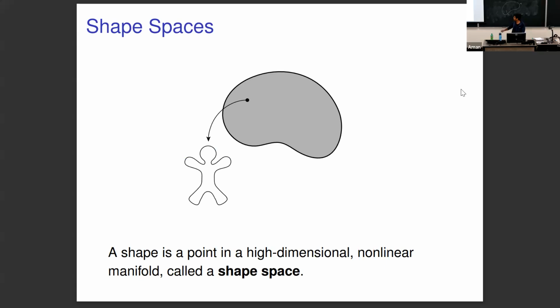And there are some shapes that we have in the slides. For example, you can imagine one of the points to be a shape like that, and to make it simpler, I will make this shape a square, right? So every point in the shape space should represent a different shape. That's what a shape space is. Each point is a shape and the whole space is made up of different shapes.